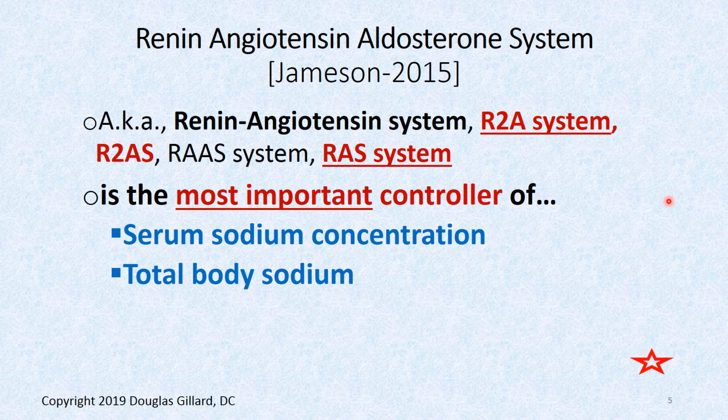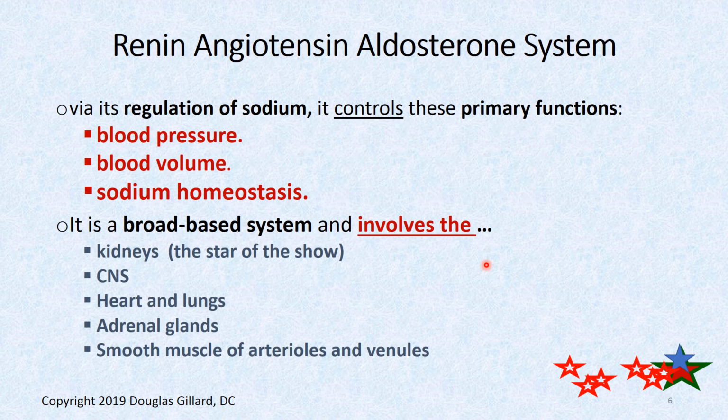All right, it's the most important controller of the sodium concentration in the body. Therefore, total body sodium is controlled by the R2A system. Via its regulation of sodium, it controls these other primary functions. If you control sodium, you control blood pressure.